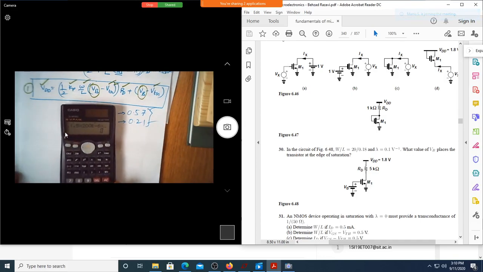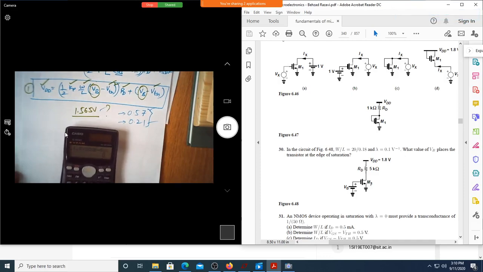You can see I'm just entering the values. So this is 20 divided by 0.18 multiplied by VB, which is unknown, alpha A minus 0.4, close parenthesis, one more closure, into 5000 plus.